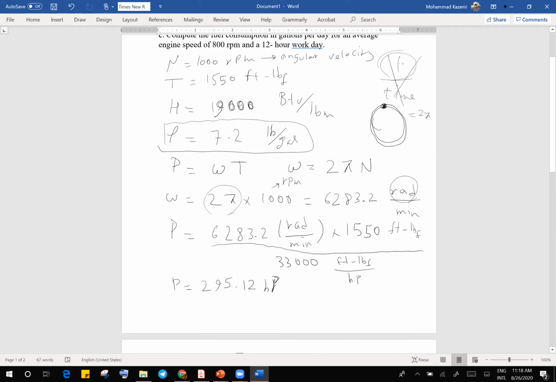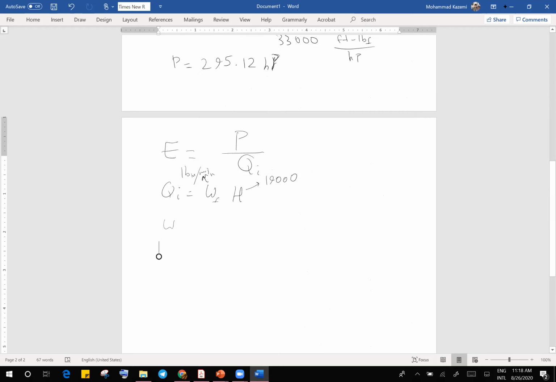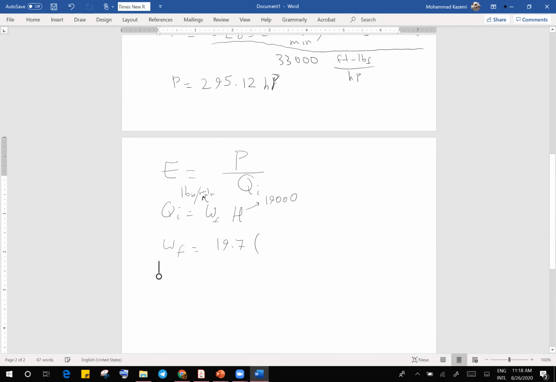So W_F is 19.7 gallons per hour multiplied by 7.2 pound mass per gallon. If you multiply these two, let me see what that would be.